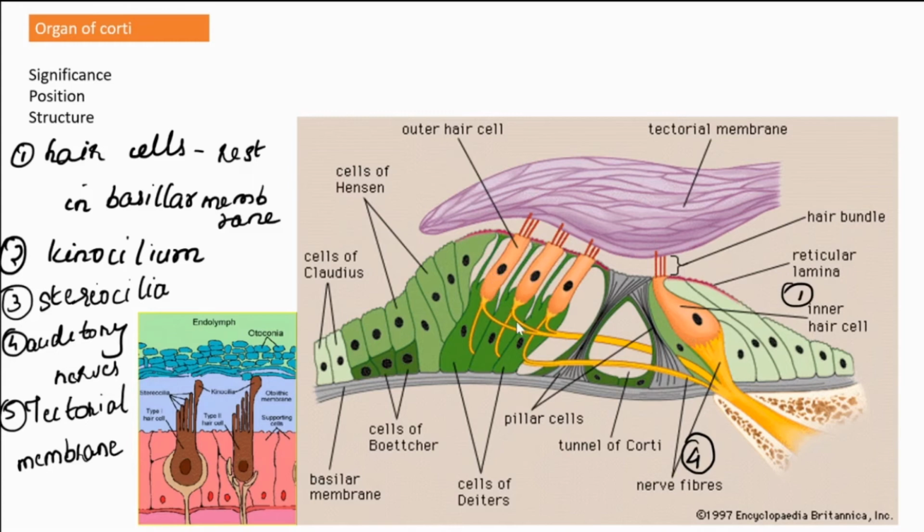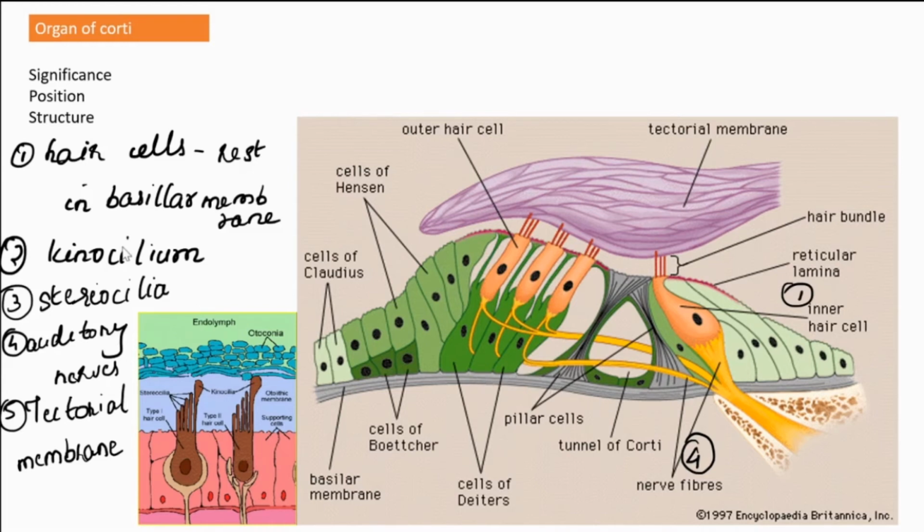All these hair cells are resting on the basilar membrane, which separates the scala media from scala tympani. Remember what the basilar membrane is: it's a partition separating scala tympani and scala media, right? Okay. Then 4 rows of hair cells are present, resting on the basilar membrane.